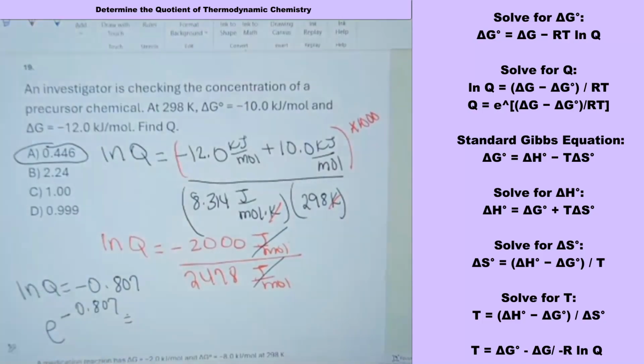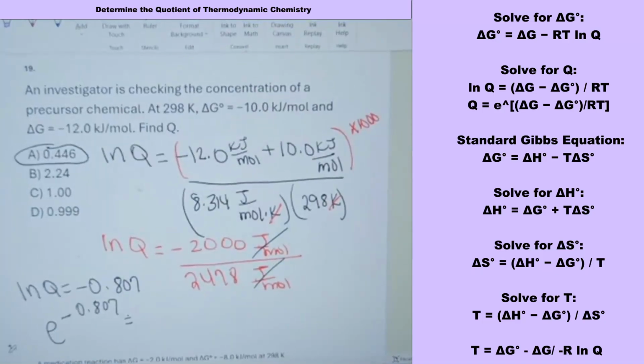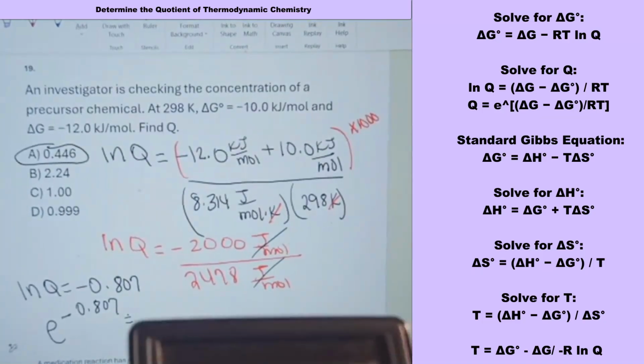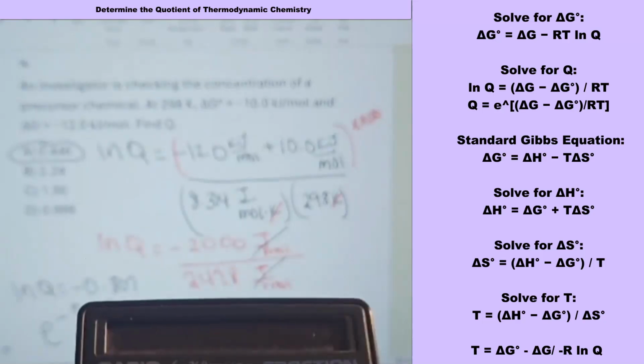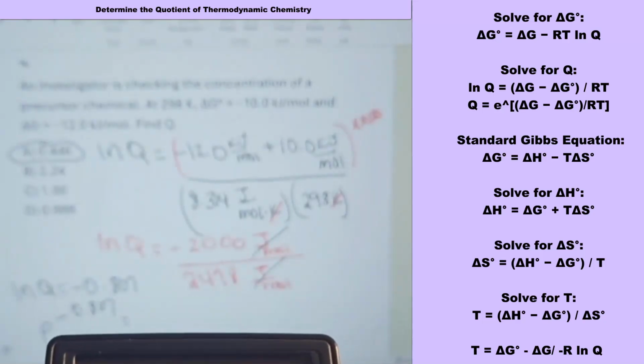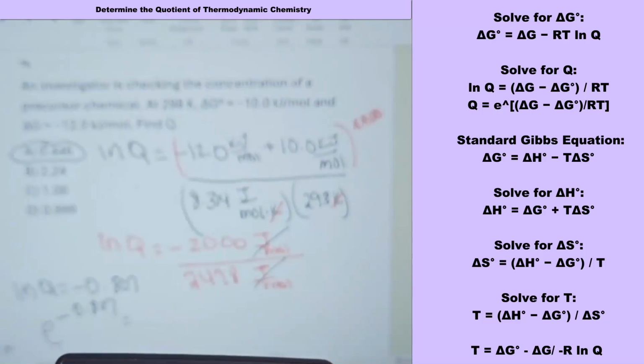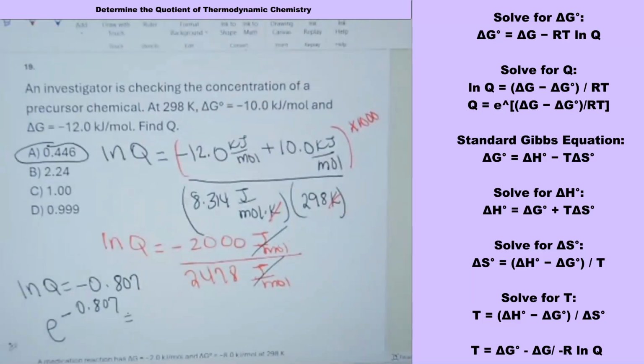You have to make sure that you look at that negative sign. 0.807 negative, shift natural log, and so it's the antilog of that. And you end up with 0.446, letter A, which is the correct answer and not the 2.24. By not using the negative sign, you get a completely different answer.